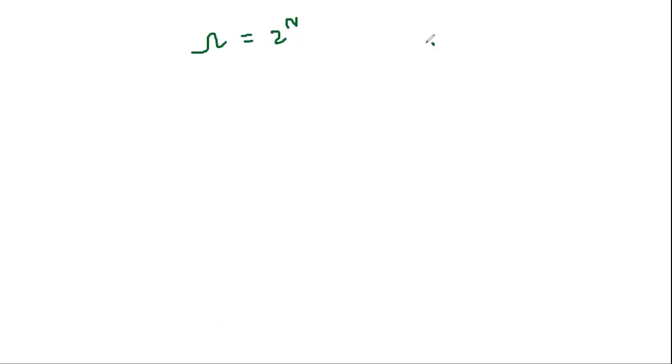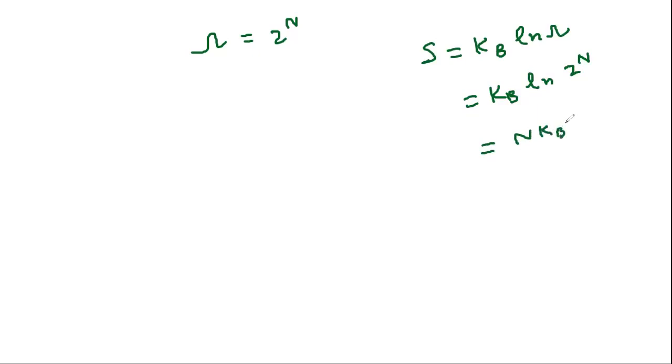Because when we have S equal to, from this expression, kB ln sigma, when you put for sigma 2 raised to the power n, you get n kB ln 2, right?